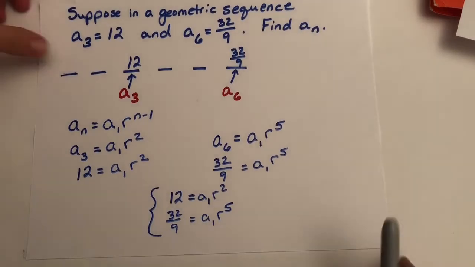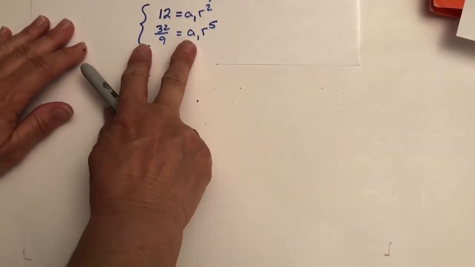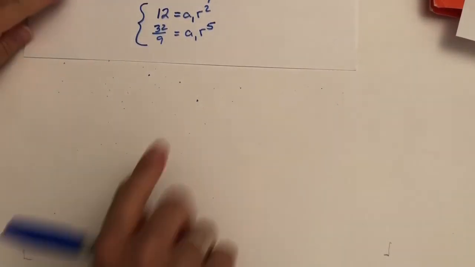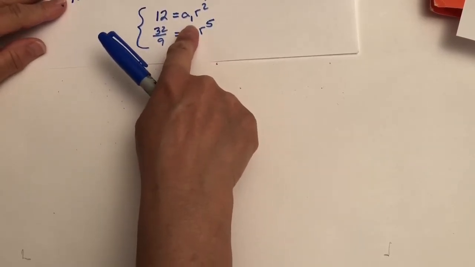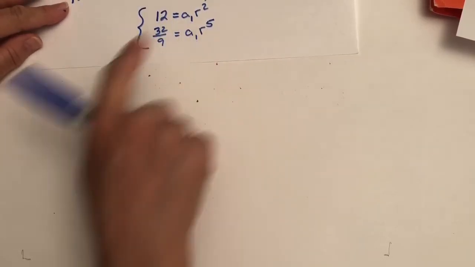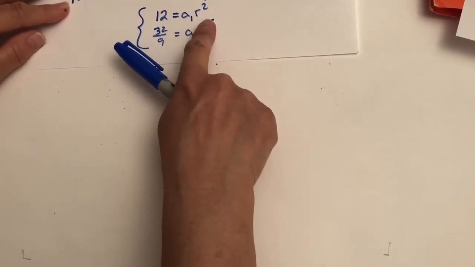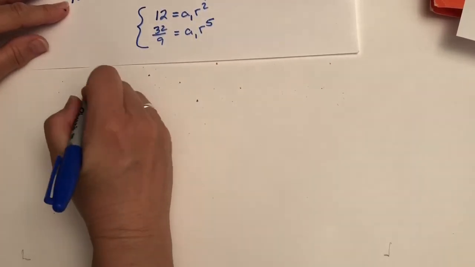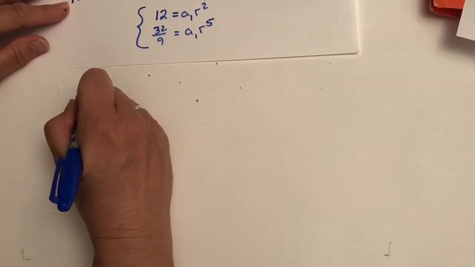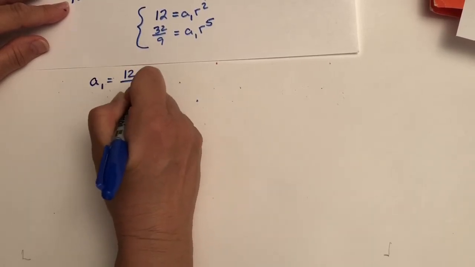And let's see, if I move this up, I think we'll have space right here. To solve this system, why don't I solve for a sub 1 in the first equation? So here's our system. Our goal is to find a sub 1 and r. So if I solve for a sub 1 in the first equation, I would have a sub 1 equals 12 divided by r squared.